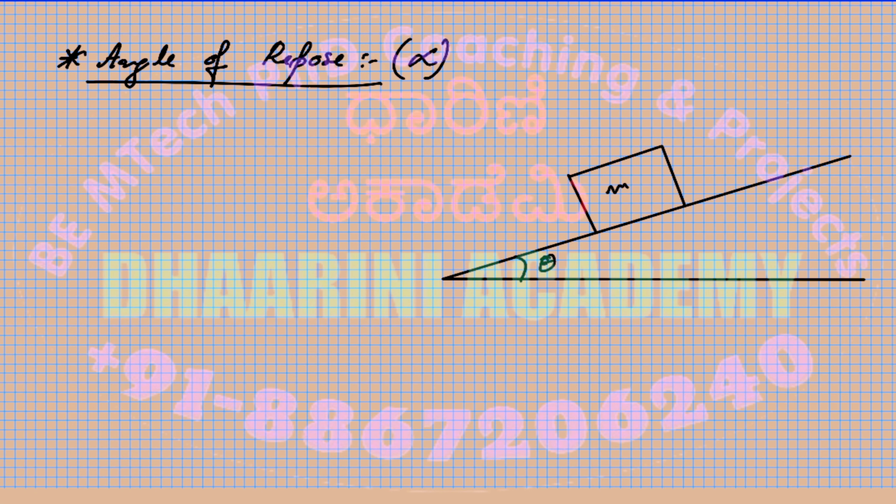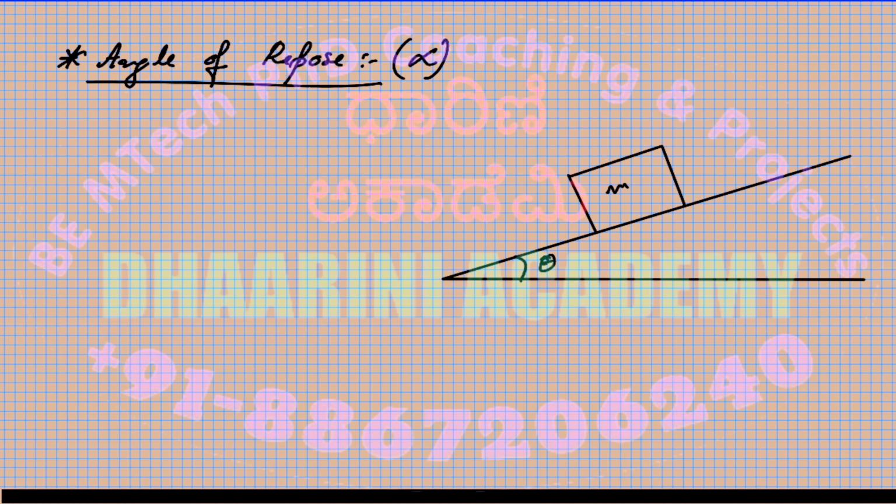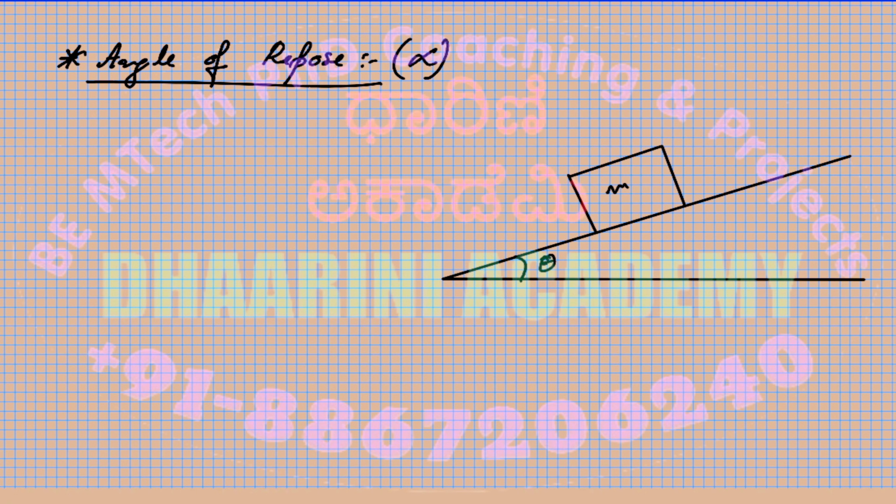Now, this inclination can be increased or decreased, right? Depending upon the friction, the mass will move or it will not move, depending upon the theta value. You keep on increasing the theta value, more and more slope, until some point the body will not move, and after that it will move.